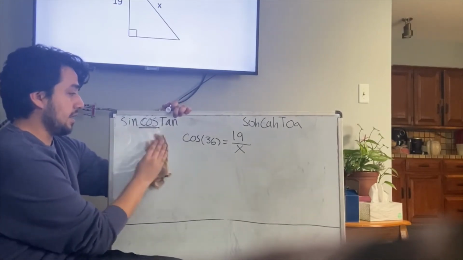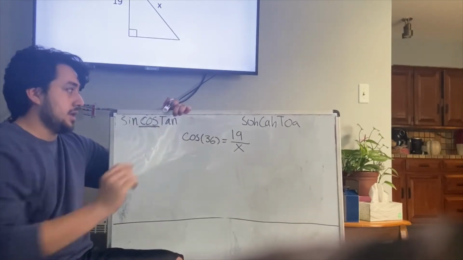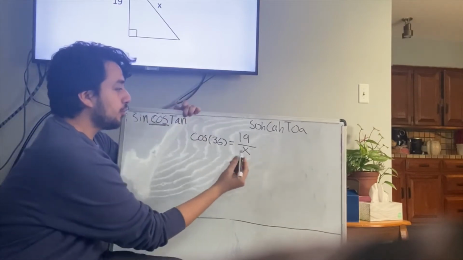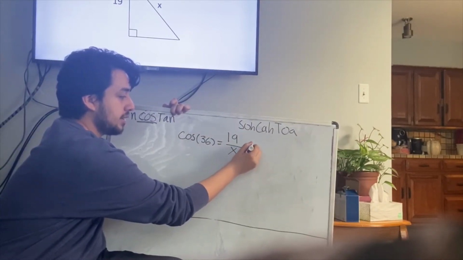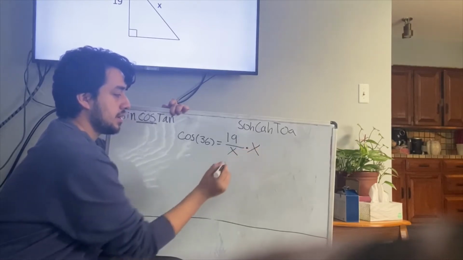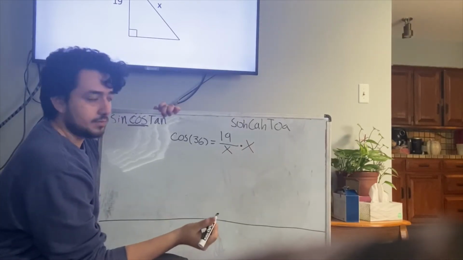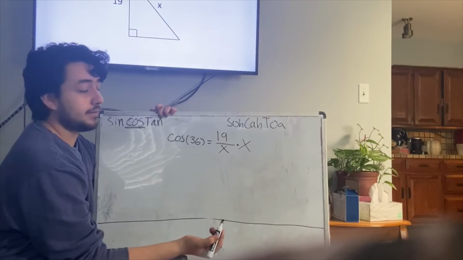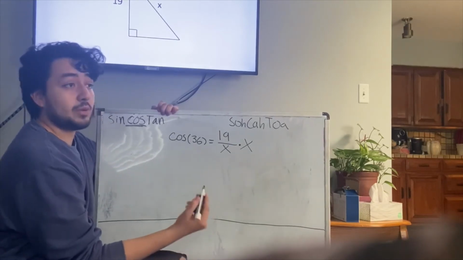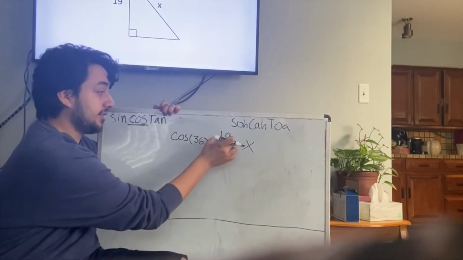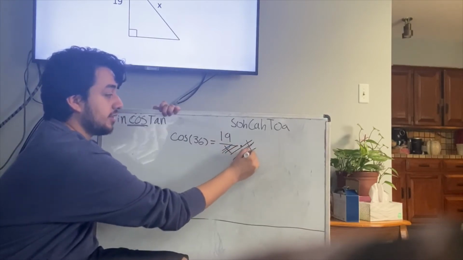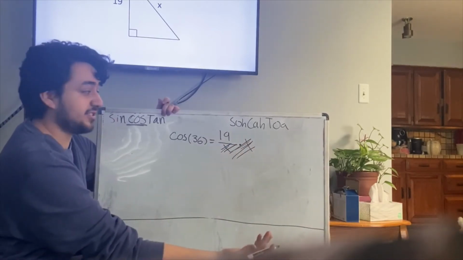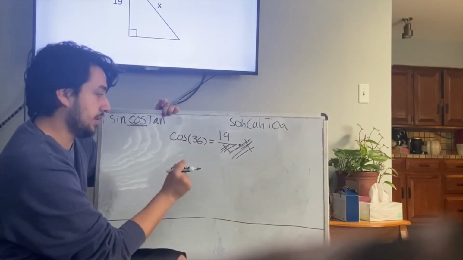Here, if we multiply by the denominator, what have we done? Really, we've isolated our 19 here, which isn't a bad thing, but we need to get x on one side on its own.